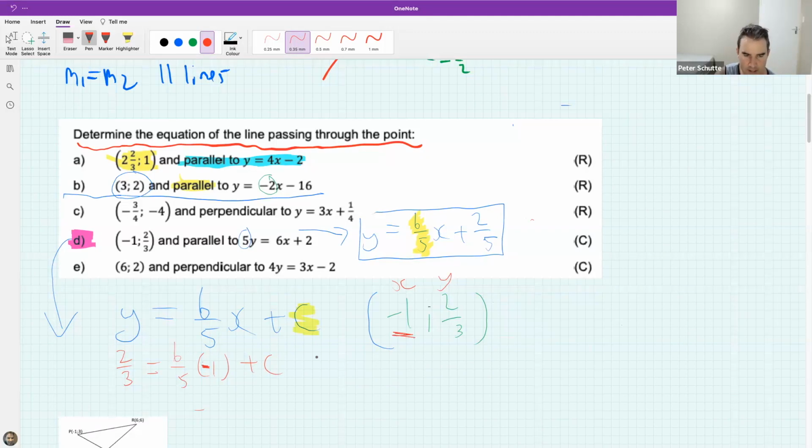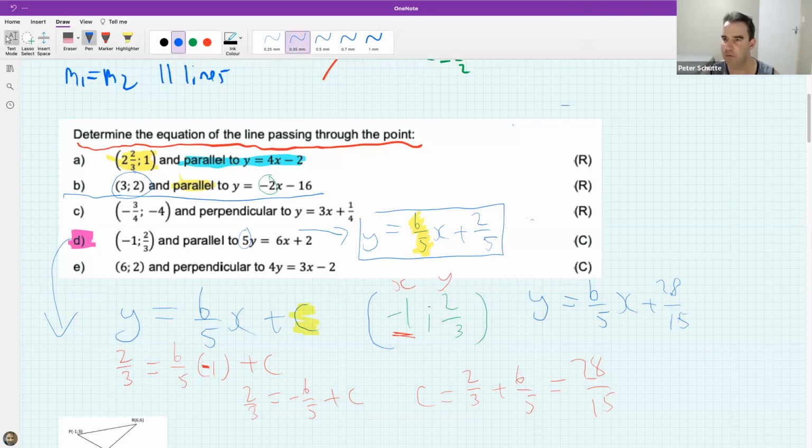There's a -1 here, and so what happens is I get 2/3, and then because this equals -6/5 plus C, when it comes across, C becomes a positive number, which is 28/15. Yeah, that is correct. And so the equation of my line is y is equal to 6/5x plus 28/15.